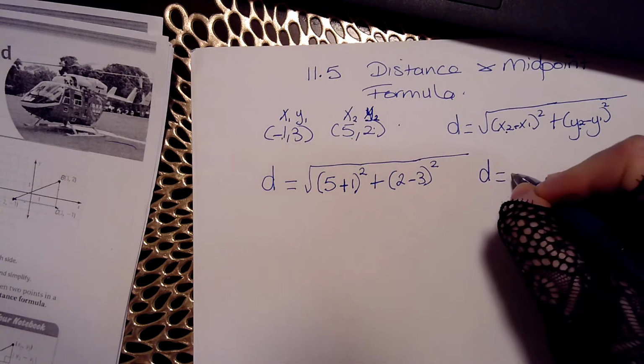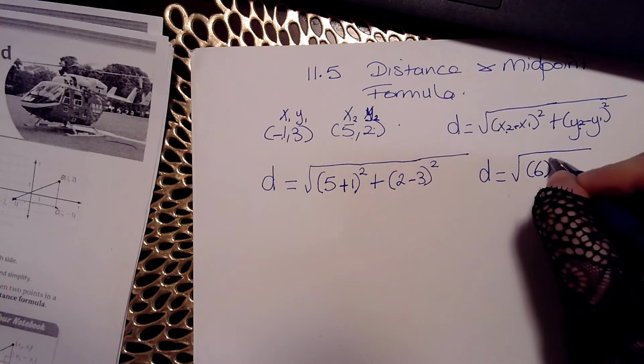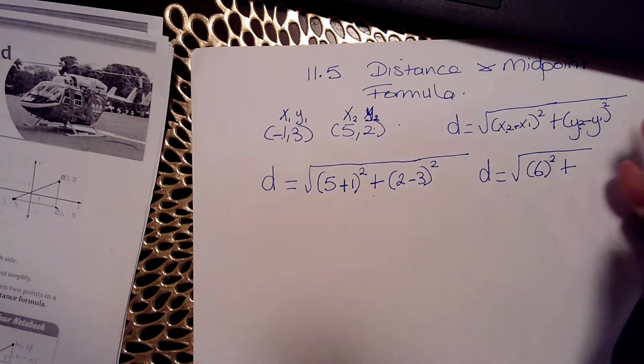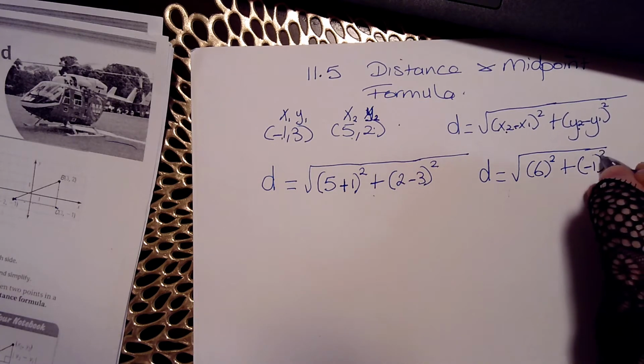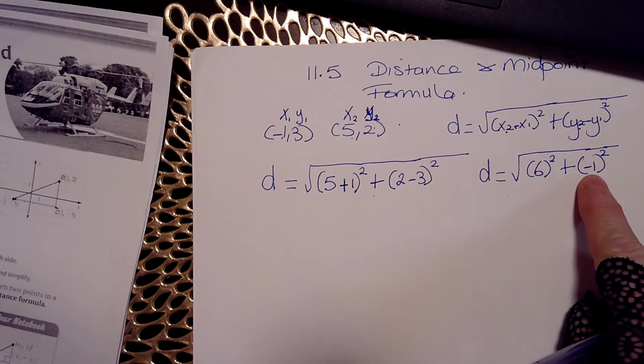So the first one is 5 plus 1, which is 6 squared, and I always put the parentheses around, plus 2 minus 3 is going to be a -1 squared, and I always put the parentheses around because that ensures that it will become a positive.